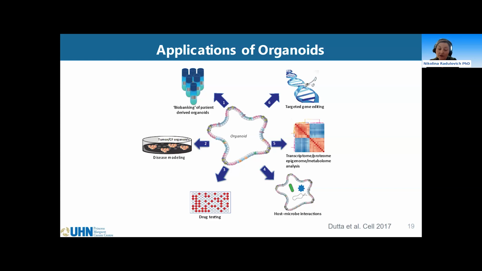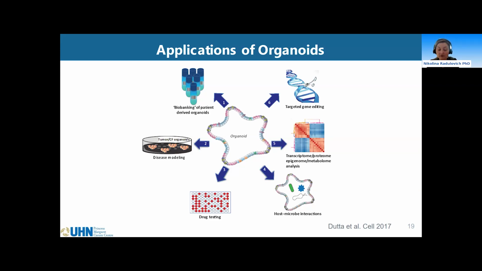I always say, whatever you do with cell lines, you can do with properly QC'd organoids. They grow in large numbers. We can do drug screens, for example 1536-well plate drug screens, so they can be adapted to any kind of high throughput screen. And you can also study host-microbiome interaction.